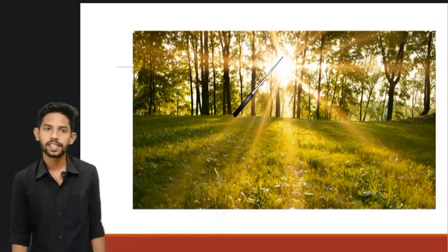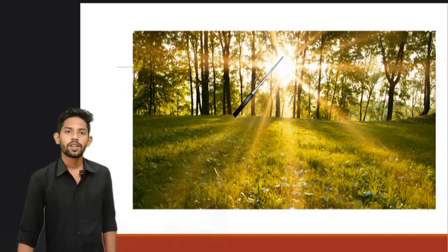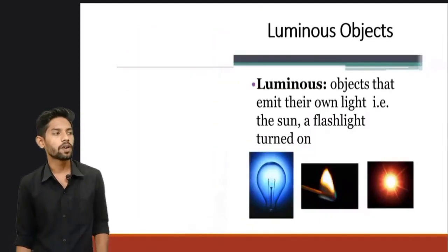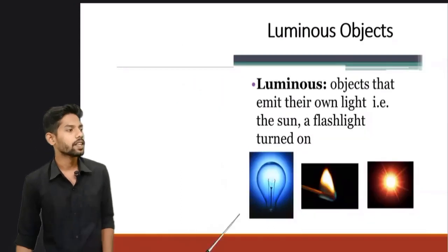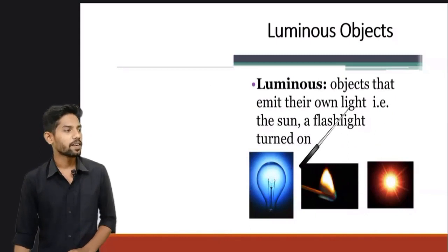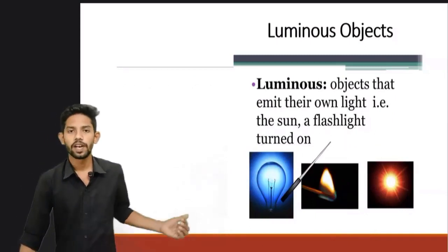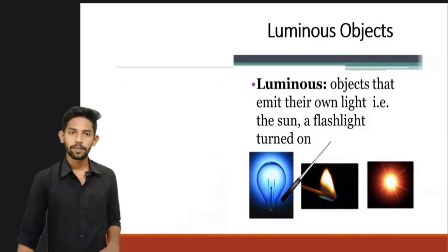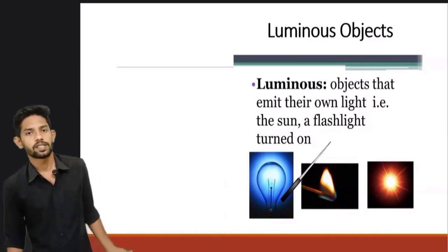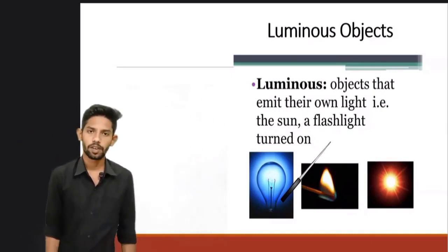It does not need anyone's help to emit the light. So the sun is called a luminous object. Luminous objects are those which emit light on their own, that is the sun and flashlight and also LED light. Sun and flashlights are called luminous objects.